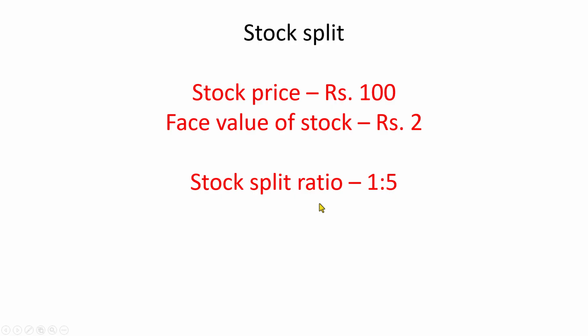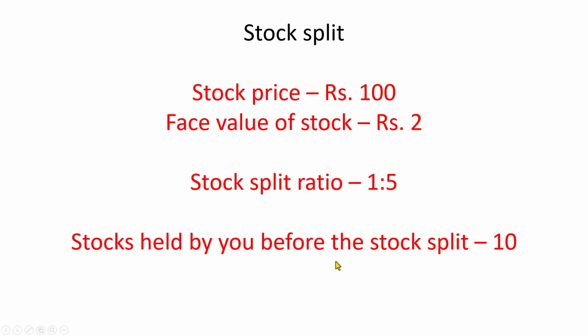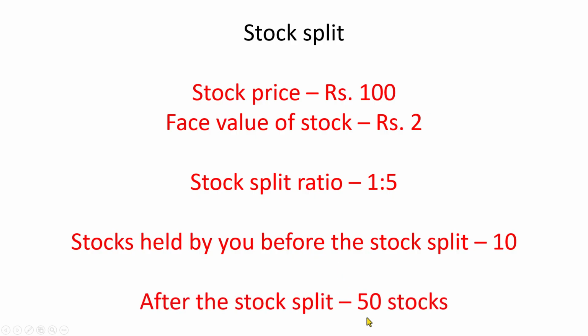Now let us assume that you have 10 stocks before the announcement of the stock split. After announcing the stock split, after the stocks are split in the ratio of 1:5, you will have 50 stocks.